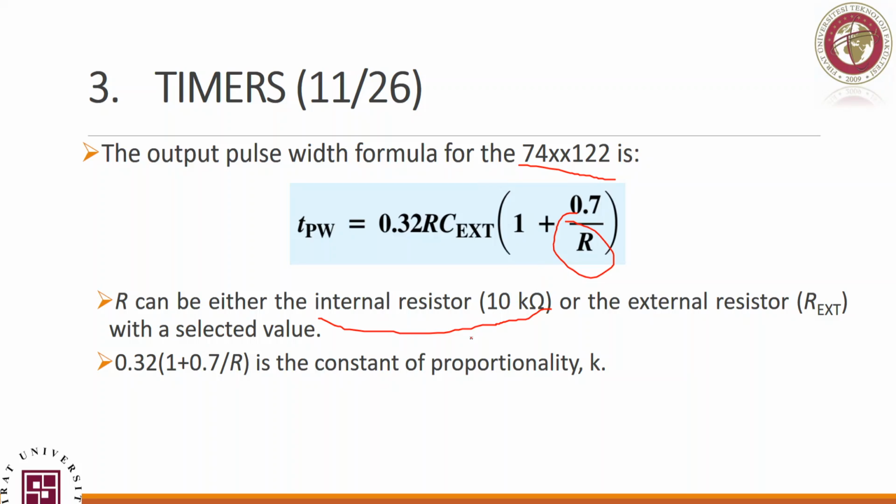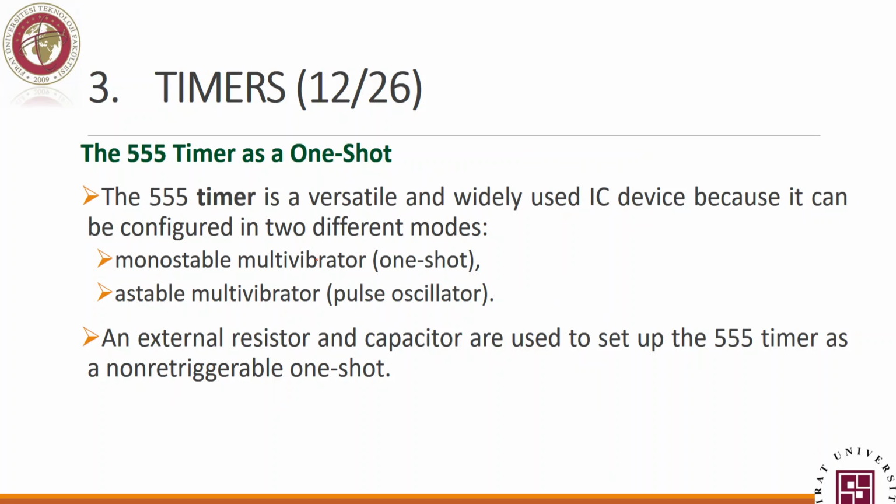So the proportionality constant here is 0.32 RC external multiplied by 1 plus, I'm sorry, 0.32 multiplied by 1 plus 0.7 over R. You don't have to worry how they derived it. You just need to use this equation if you are asked any question about it during the exam.